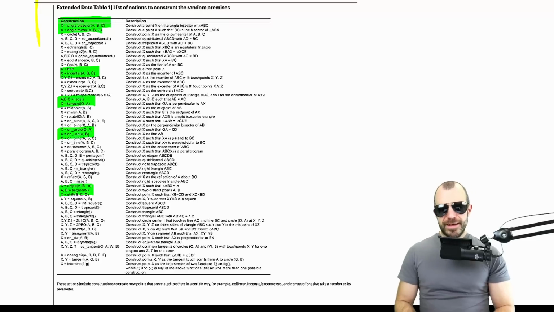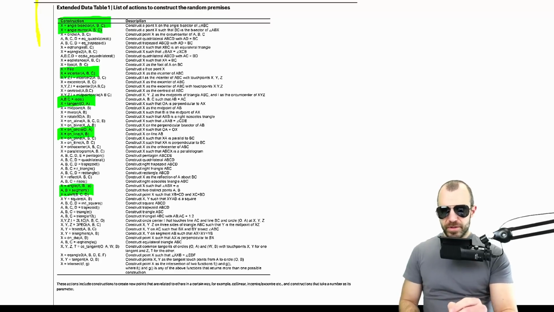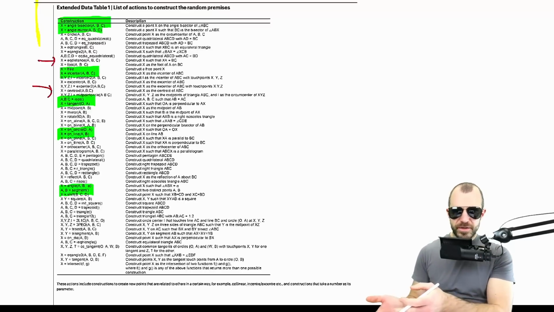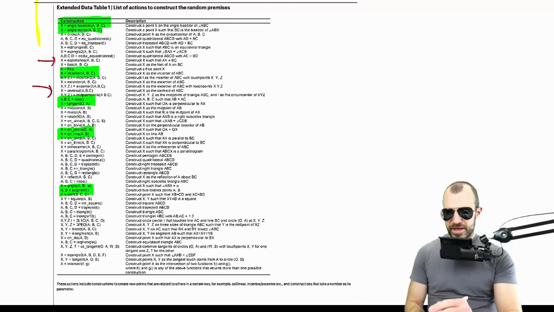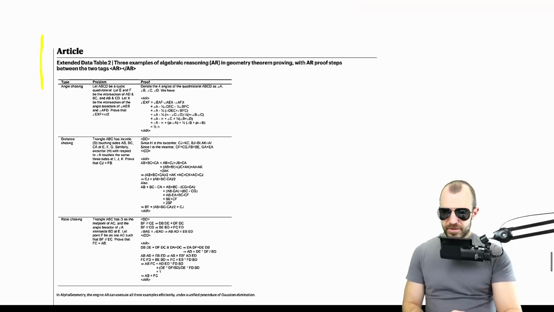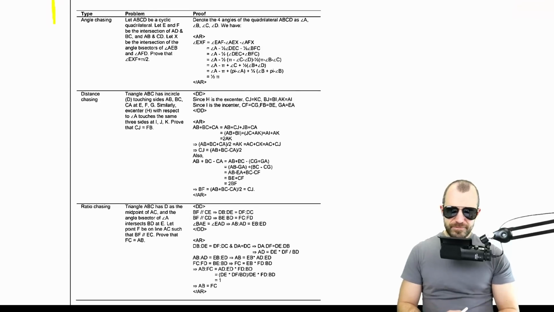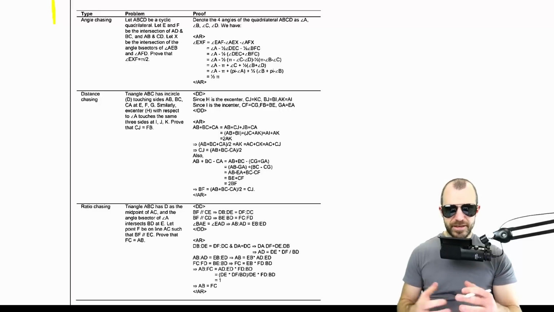So what they're going to do is just sample combinations of these. They start with this one and then maybe this one, and maybe some become impossible after a while because there is no line to put a point on. But once there is, these open up again. So they'll just kind of sample these, and they'll augment them by what they call algebraic reasoning, like dividing angles into half or multiplying them by 2 and things like this, like introducing constant factors and so on.